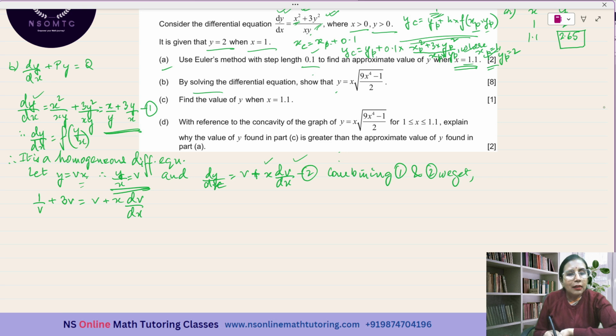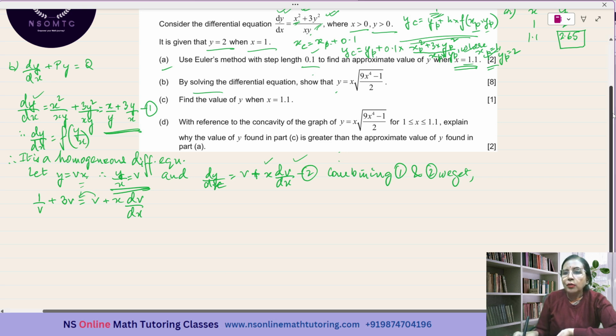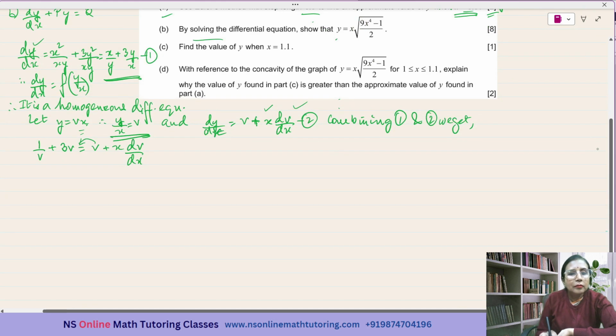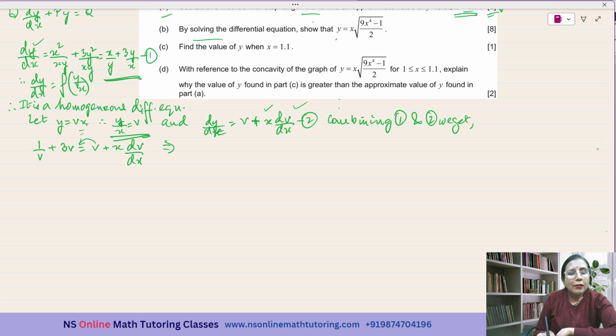Okay, and I can take v to this side, and what happens? It is 3v minus v, or I can subtract v from both the sides. It's the same. Actually, this is the operation that we are doing. We are subtracting v from both the sides. So it is 1 over v plus 2v. 3v minus v is 2v is equal to x dv by dx.